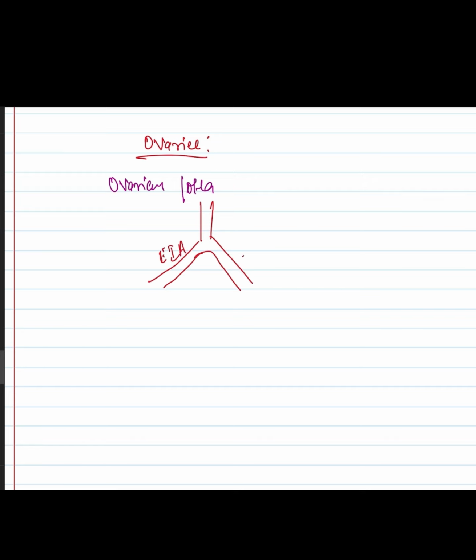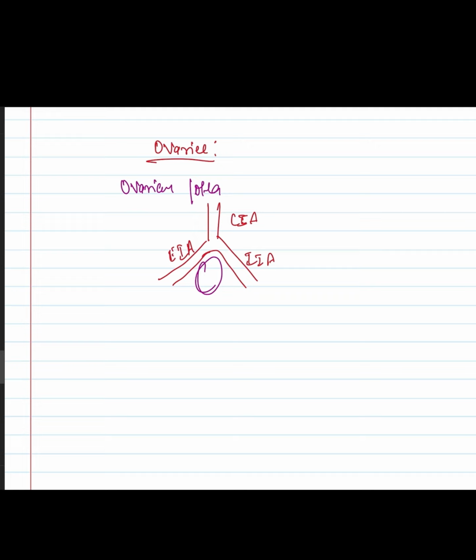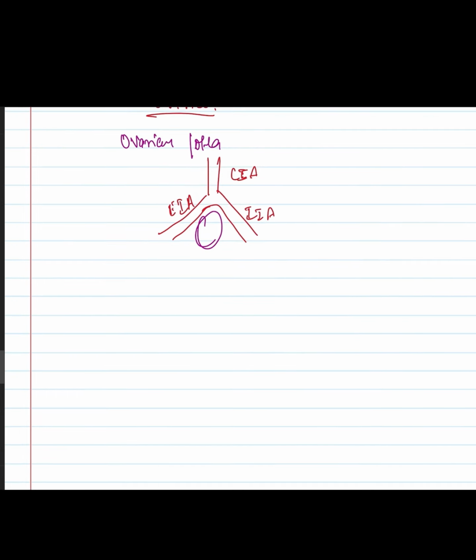Now the other internal organ is your ovaries. Which fossa is the ovary present in? The ovarian fossa. Where is this ovarian fossa? See, this is your common iliac artery, which divides into the internal and external iliac arteries. The fossa between these two arteries is your ovarian fossa, within which your ovary lies.